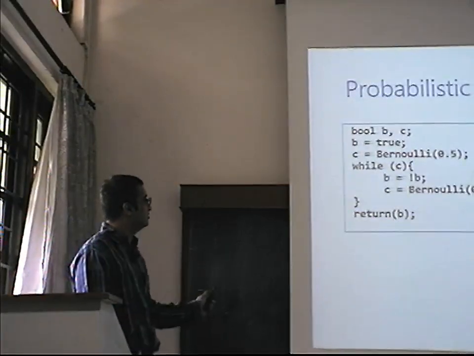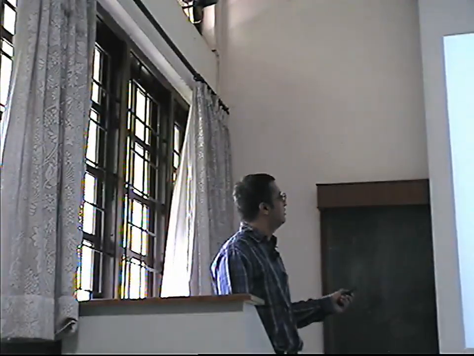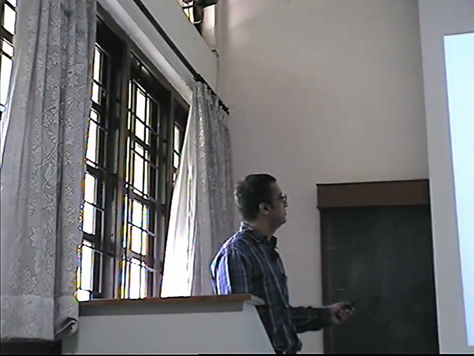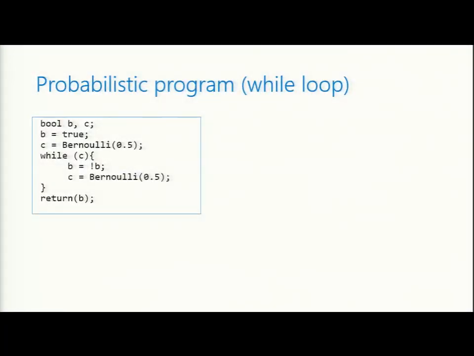So here's another example. Here I assign B to true, sample a value of C, and then while C is true, flip B and keep doing this until C is false, and then return B. Of course, what am I interested in? I'm interested in the distribution over the return expression, which is B. So the question is, what is the probability that B equals true?